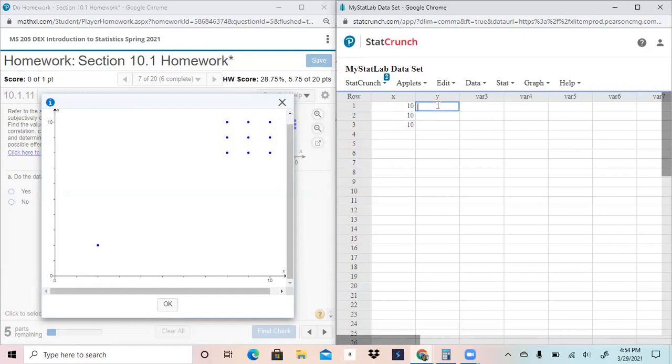The corresponding Y values are 10, 9, and 8. And then I've got 3 points where the X value is 9, and my Y values are 10, 9, and 8. And then I've got 3 X values that are 8.